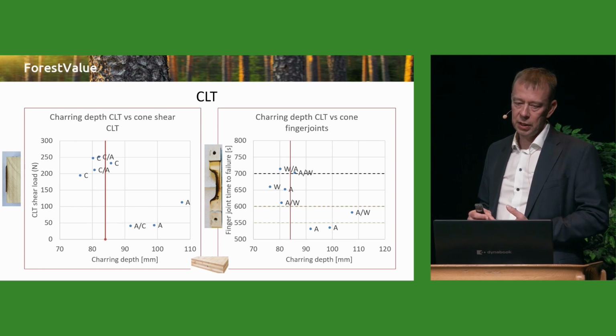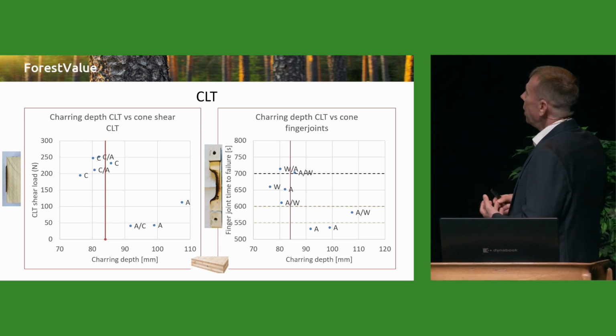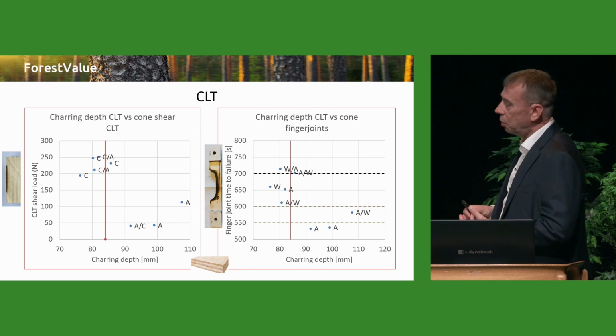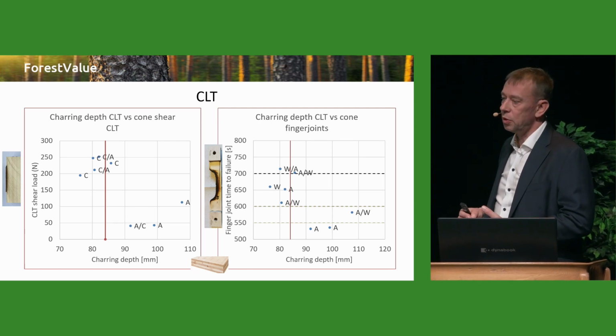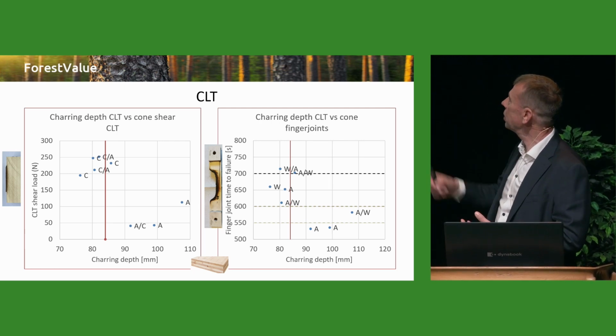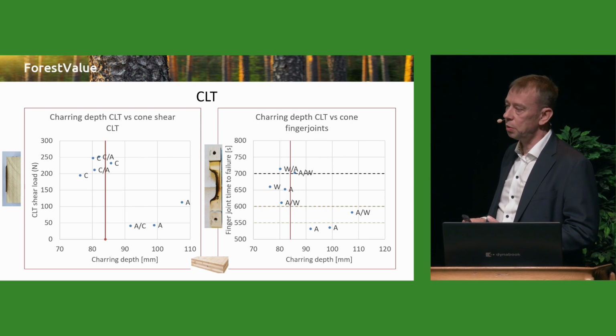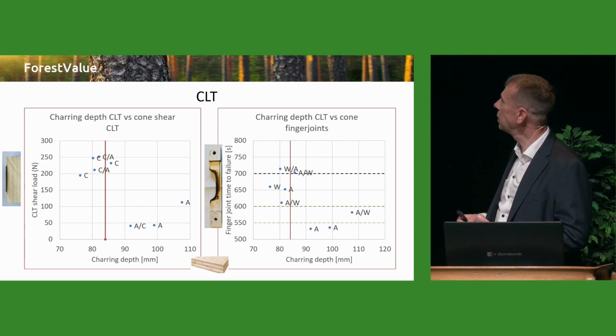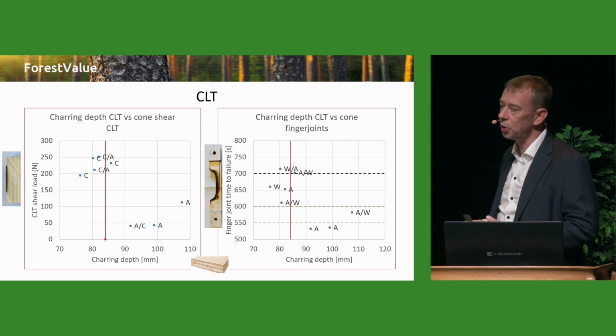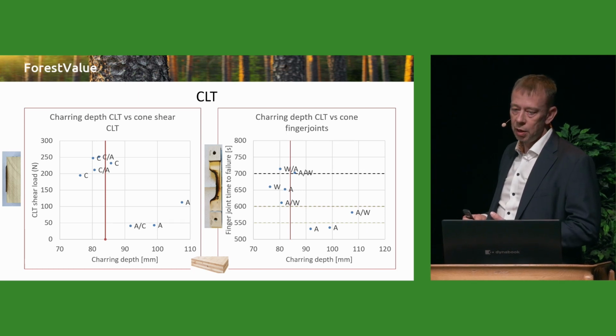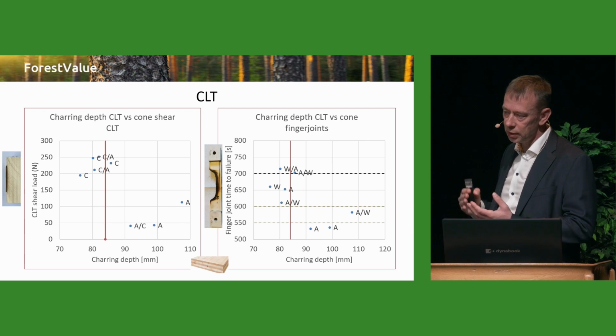And here you have some examples where we compare the cone heater shear test method on your left, or cone heater finger joint method on your right, and the vertical axis shows the charring depths of CLT we get from the furnace. So there is a correlation.